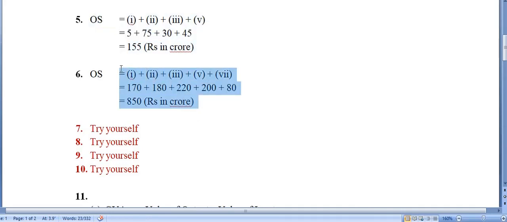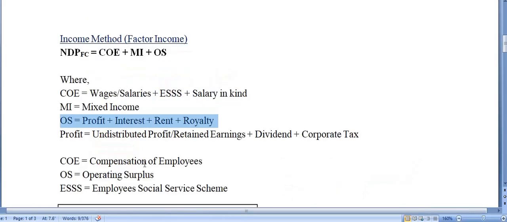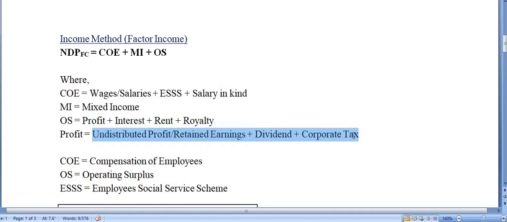Question number 6, same thing: rent, interest, undistributed profit, mixed income, dividend. NIT will not be there, and then ultimately corporate tax, because profit means undistributed profit or retained earnings, dividend, and corporate tax. So first you can find profit, then you can use the formula also.